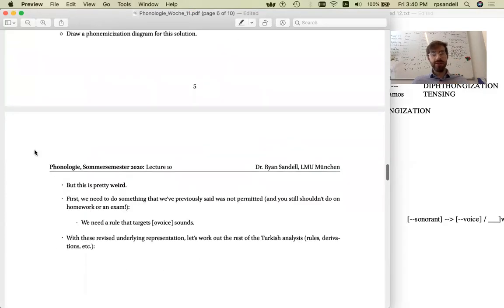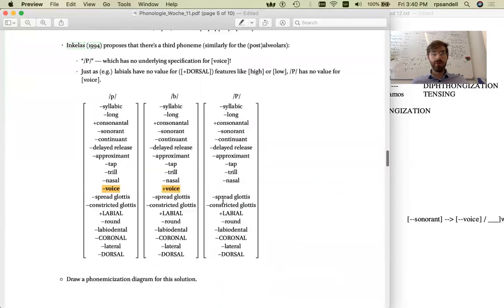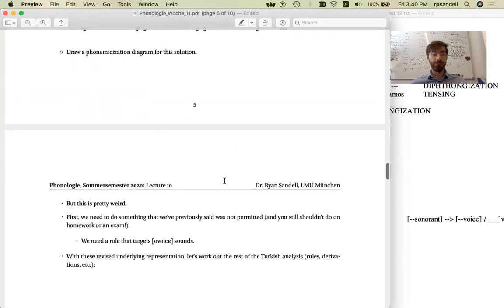Of course, this is kind of weird to assume that these sounds would be missing some information for some features, and we would need some kind of phonological rule that states under what conditions the sound will be given specifications for voicing.